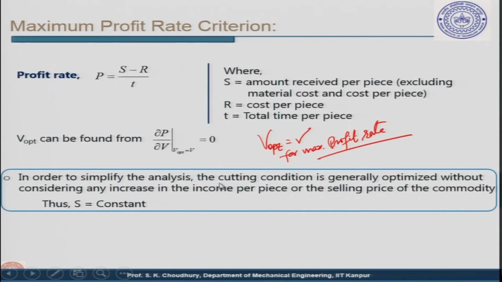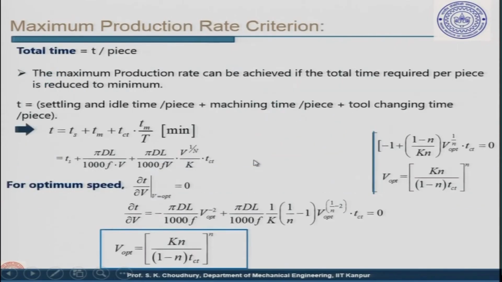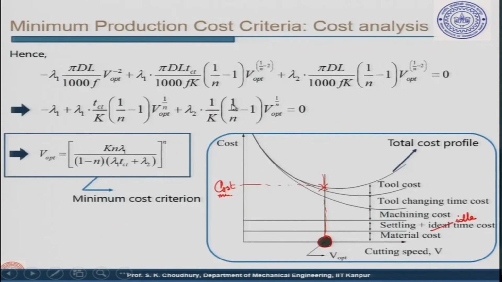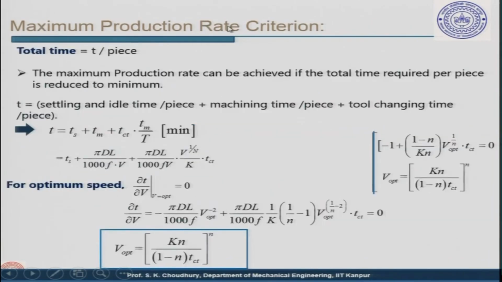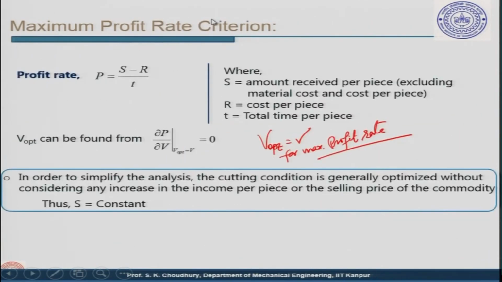Now, I will repeat once again that this V optimum value for which you are getting the minimum production cost will not give you the maximum production rate or maximum profit rate, meaning that each one is unique for that particular criteria.